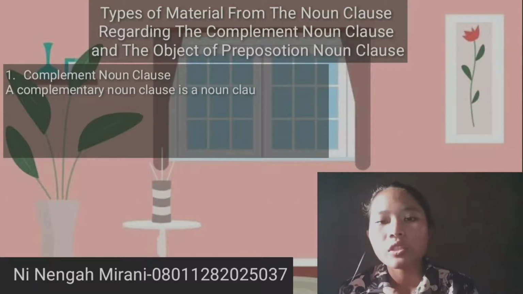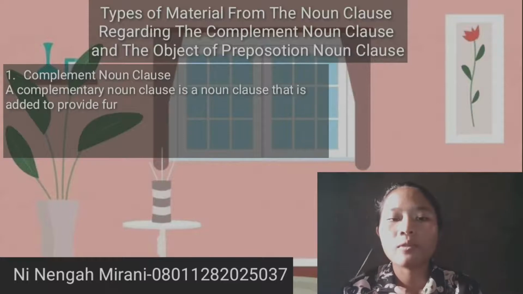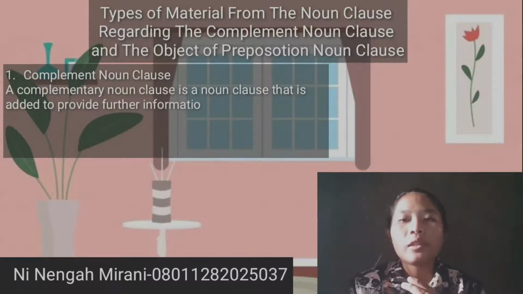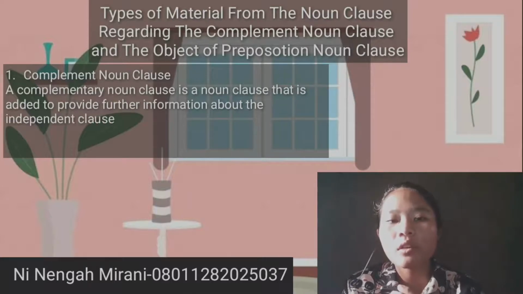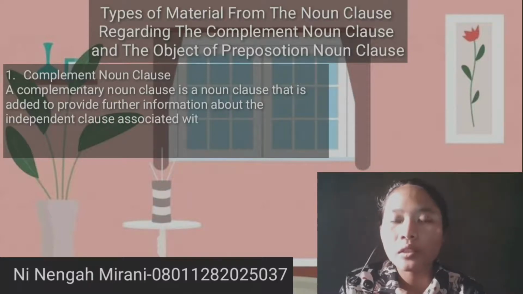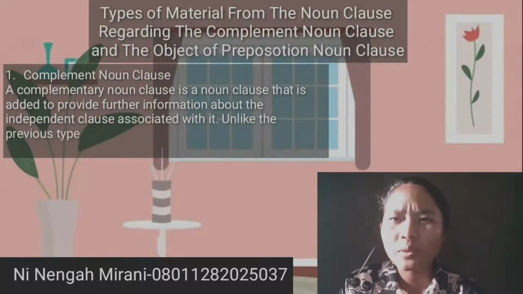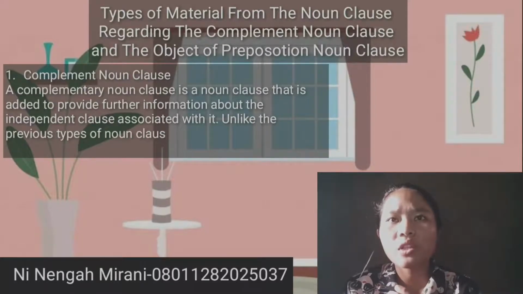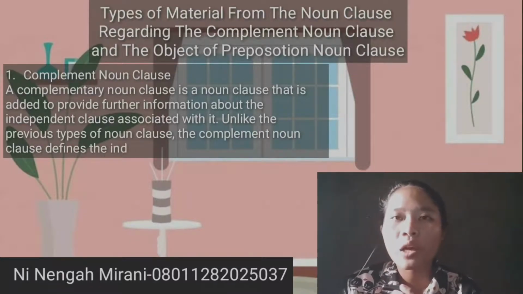Complement noun clause sendiri yaitu is a noun clause that is added to give further information about the independent clause associated with it. Artinya, complement noun clause ini adalah noun clause yang ditambahkan untuk memberikan informasi lebih jauh tentang independent clause yang berhubungan dengannya.